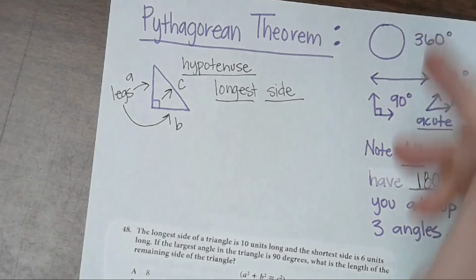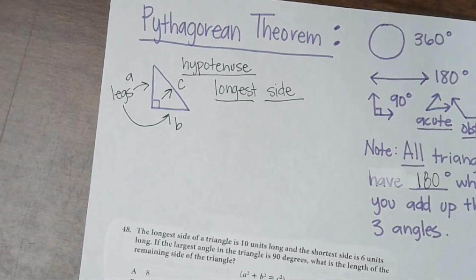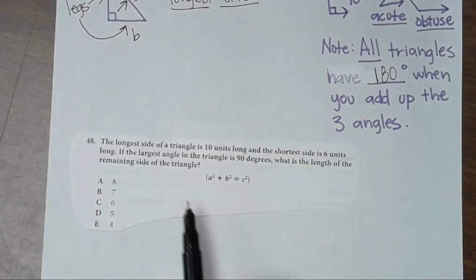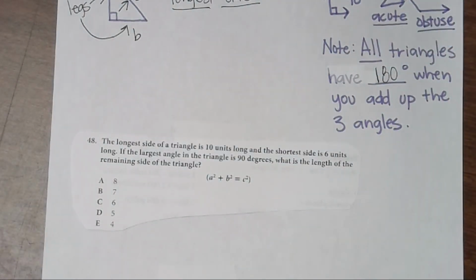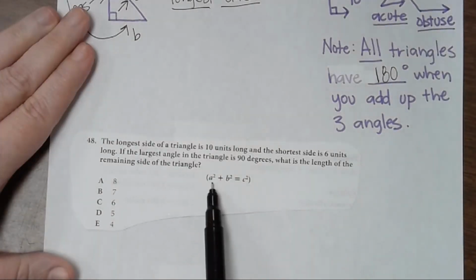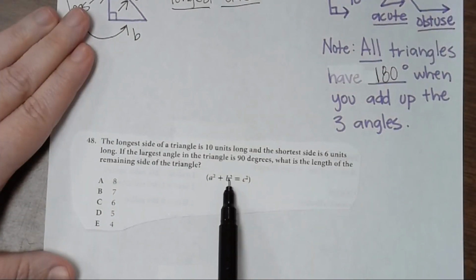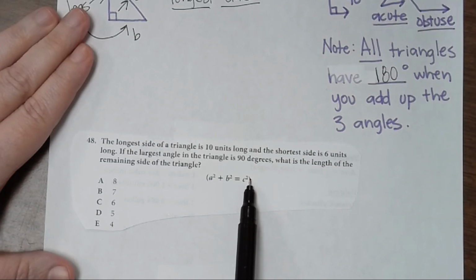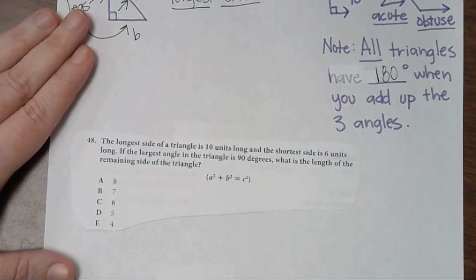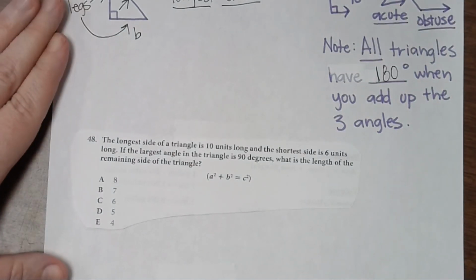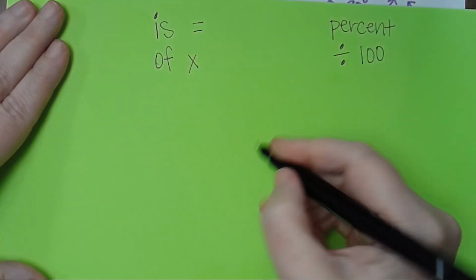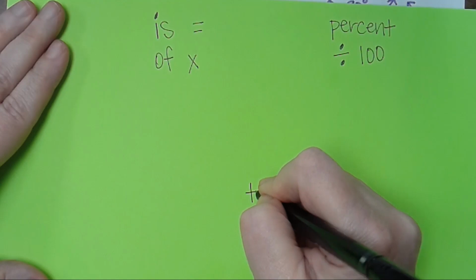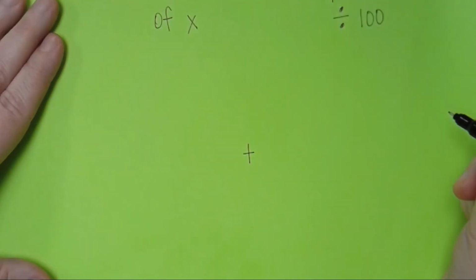So they have given you in number 48 the formula here, which is the Pythagorean theorem. It says that a squared plus b squared equals c squared. If you will go back to our order of operations, I want you to remember really quickly that the inverse operation of addition is subtraction.